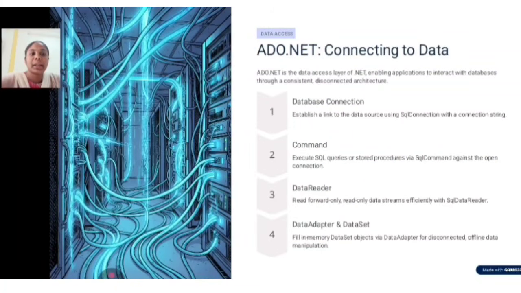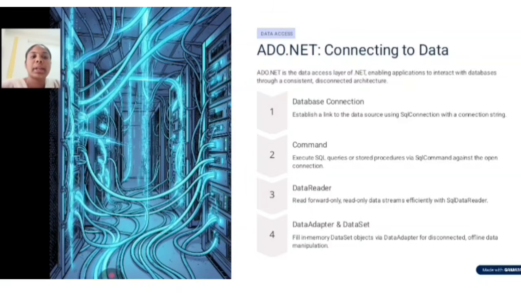ADO.NET, connecting to data. ADO.NET is the data access layer of .NET, enabling applications to interact with the database through consistent connected and disconnected architectures. Database connections: establishing a link to the data source using SqlConnection with a connection string.